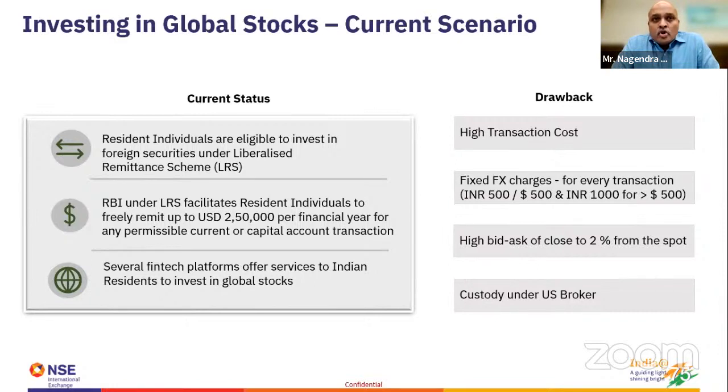And you will not know where your stocks are held, because it's all held in some US entity's account, and that too in an omnibus structure. And what you get is an app. You trade on an app, and you don't know whether your order is sent to NASDAQ, NYSE, whether it is matched with a market maker or a dark pool. What you just get is a confirmation, and it is there.